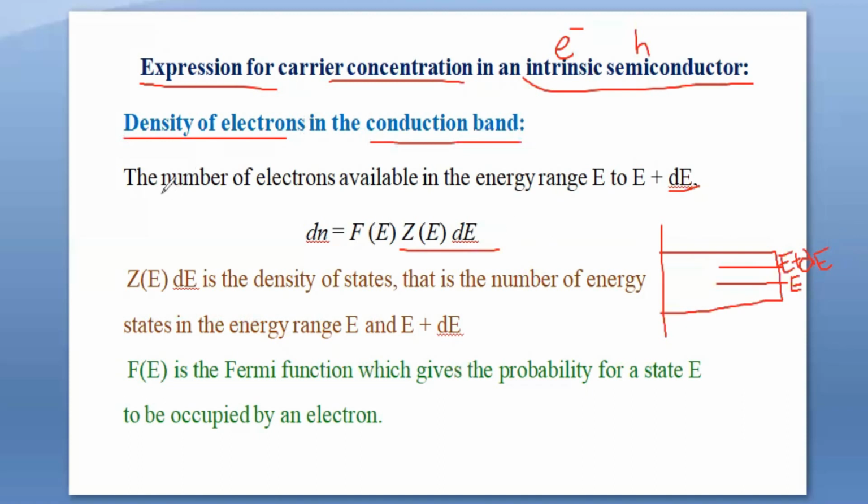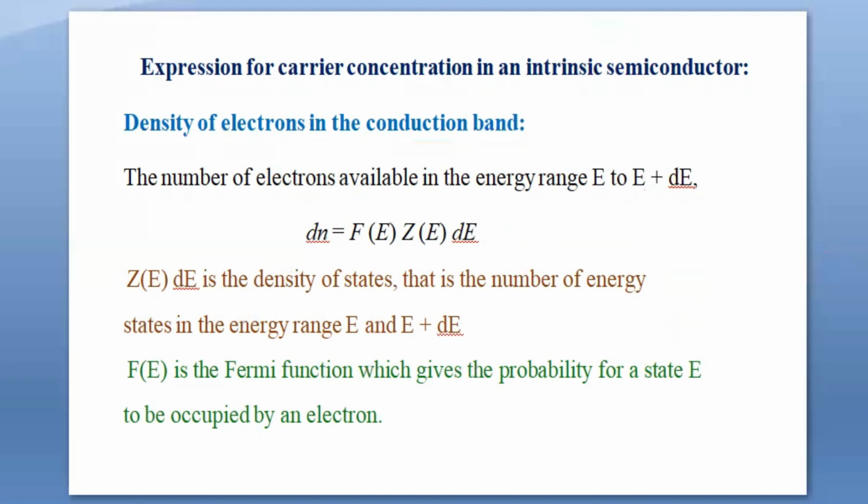Then the number of electrons available in that small range is given as dN is equal to F of E into Z of E dE, where Z of E dE is the density of states and F of E is the Fermi function, which gives the probability of that particular state to be occupied by the electron.